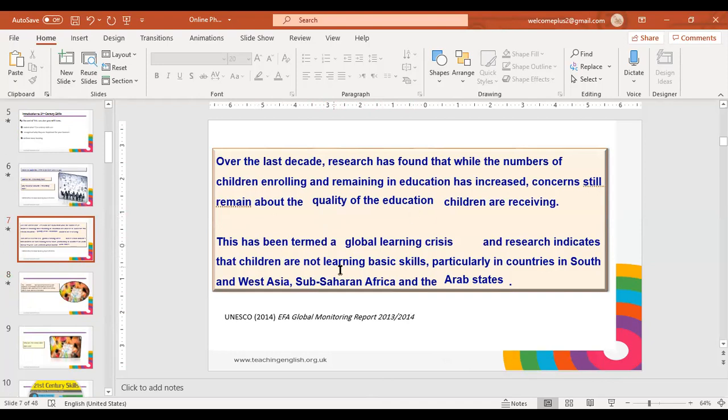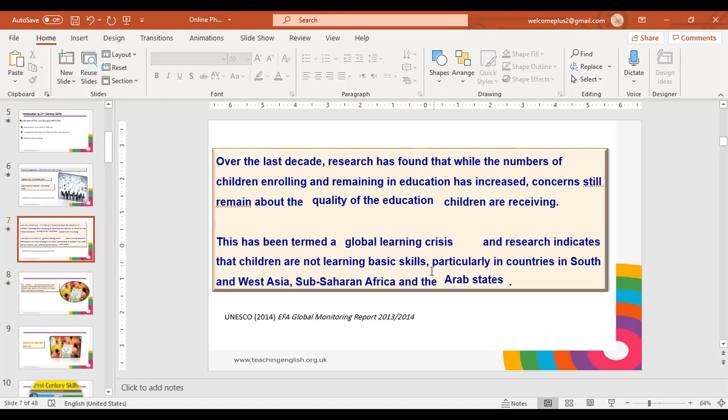We are talking about a global learning crisis, because after the coronavirus pandemic, we discovered that teaching is an essential thing in life. We can't do without doctors and teachers. And if we stick to the old methods of teaching, we will be in a global learning crisis.